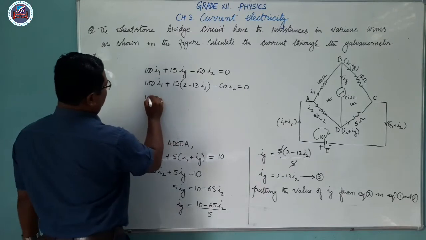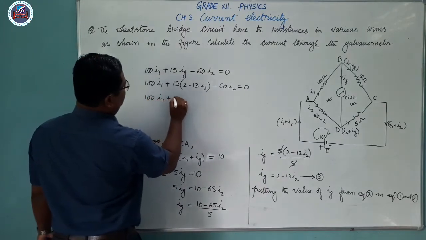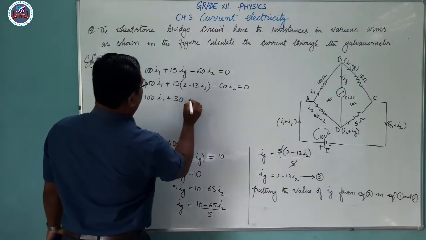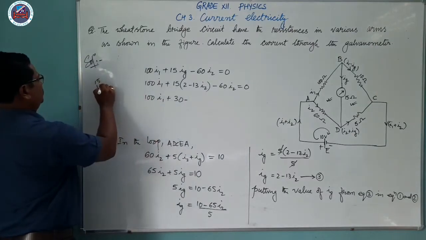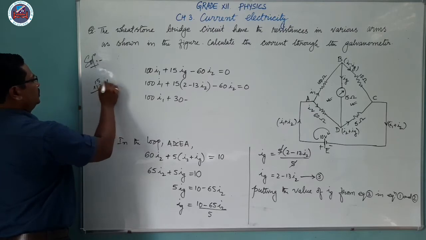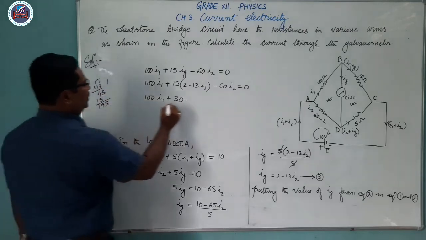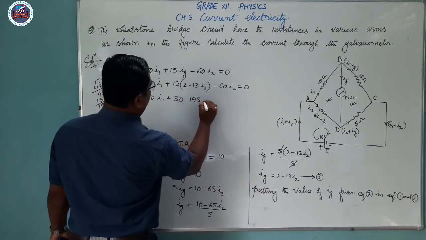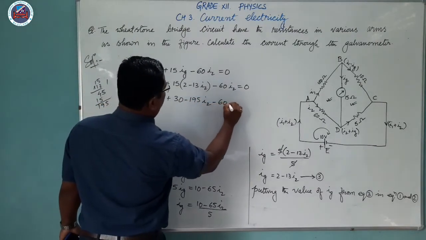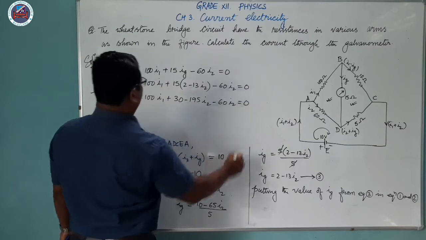So it will be 100 I1 plus 30 minus 15 into 13: 5 threes are 15, 3 ones are 3, 3 plus 1 is 4, so 195 I2, minus 60 I2 is equal to 0.